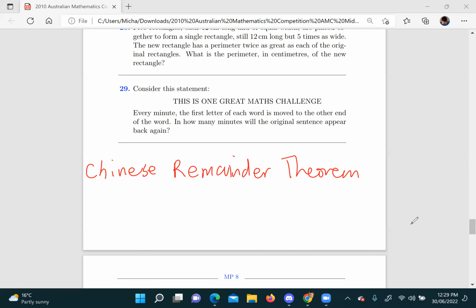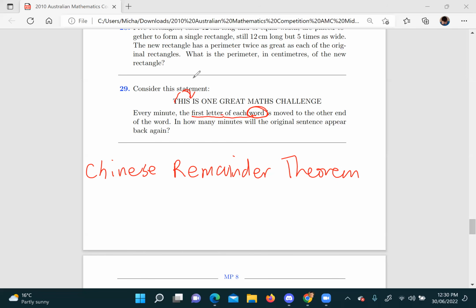One thing is you've got to read this question carefully. It's the first letter of each word, so not the first letter of the whole sentence, yeah? It is moved to the other end of the word. So the T in THIS goes after the S. Does that make sense?